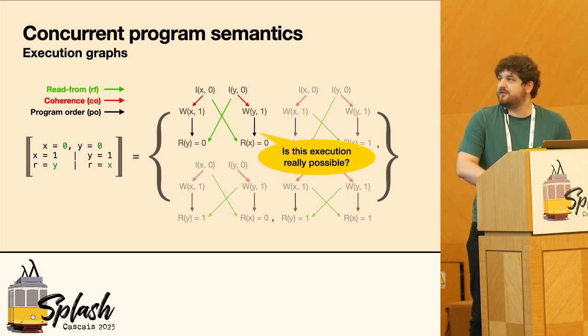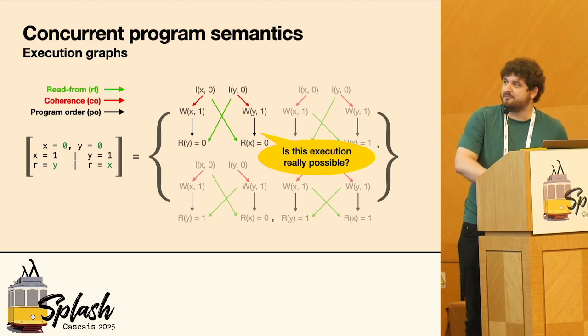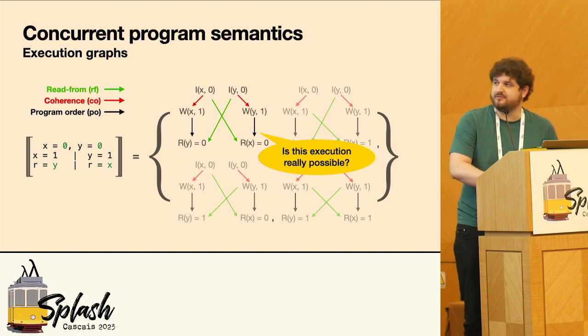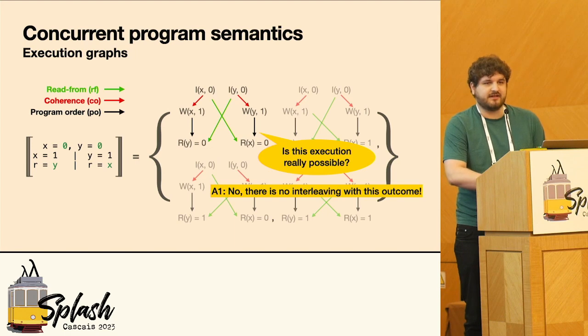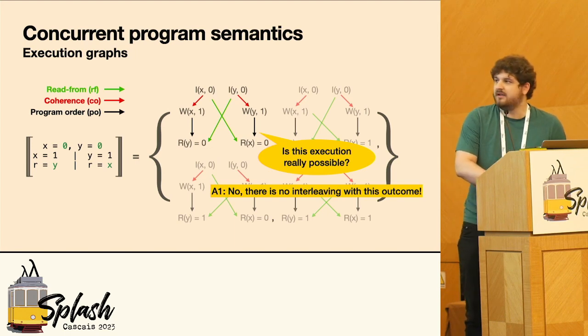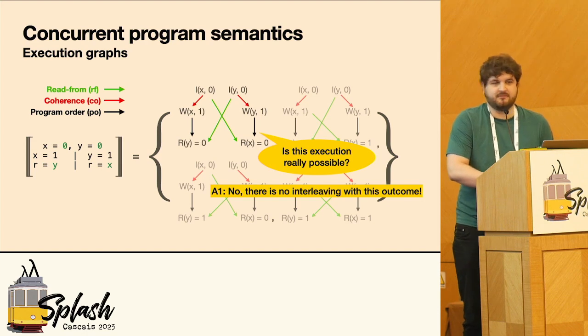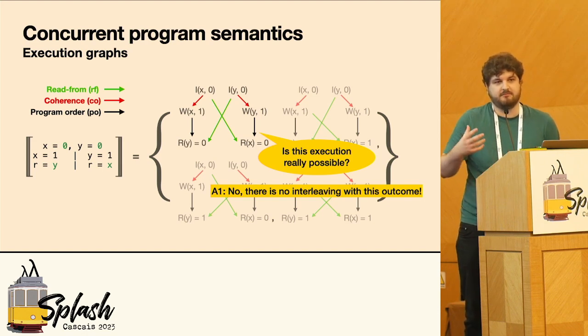Now you might be wondering, if you look at the first execution, is this actually possible? Can this happen? You see both threads here read the value 0, but if you try to come up with an interleaving that leads to this outcome, you will say this is not possible, because one of the threads starts first and sets some memory value to 1, then the other one cannot see this anymore, right?